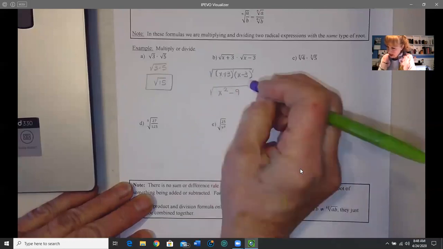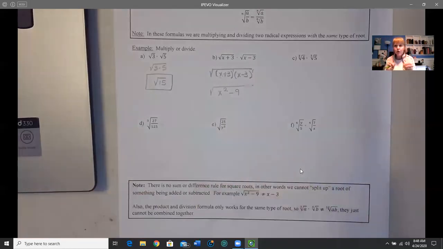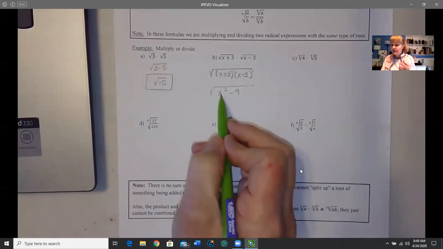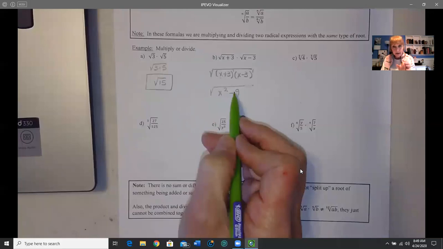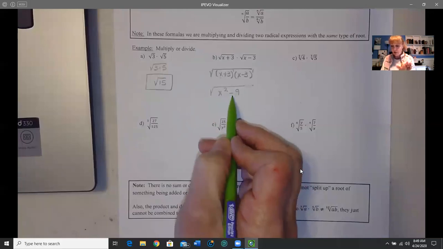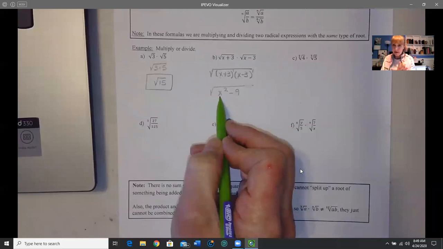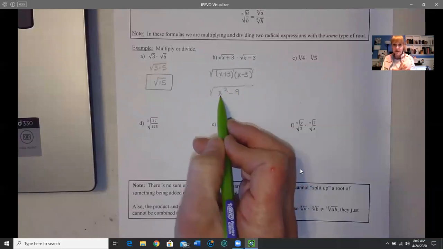My radical sign is a bit long. That cannot be simplified. You cannot simplify the x squared and then simplify the 9 separately. So when you've got a plus or minus sign, either the entire group goes or nothing goes. So I don't have 2 of these x squared minus 9s.